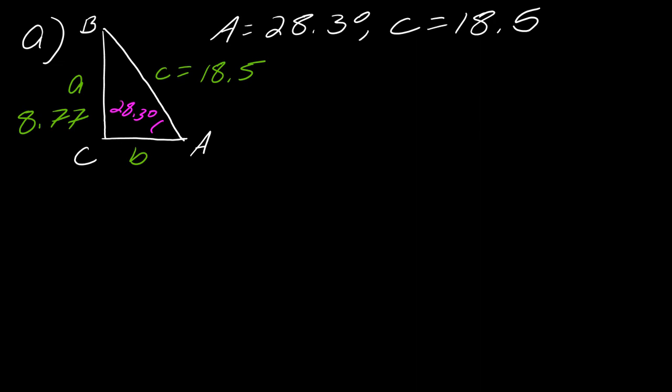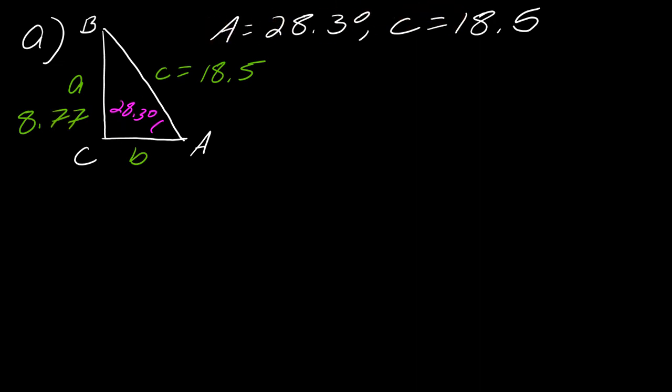Okay, so now I have to find b, and you might be thinking, oh, I can use the Pythagorean theorem to do that. The best practice here is, I don't want to use the Pythagorean theorem if I don't have to, because I calculated this 8.77, and I'd rather leverage the information that I have.